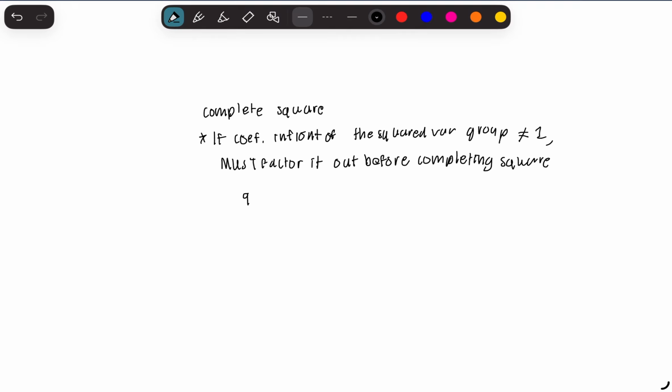So if you have 9x squared plus 54x, you have to do 9 times x squared plus 6x, and then you have to complete this.